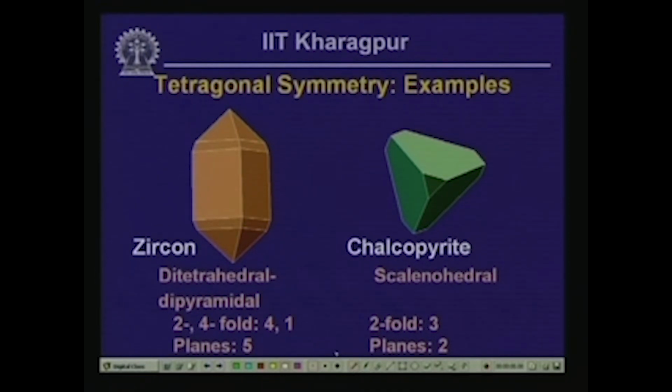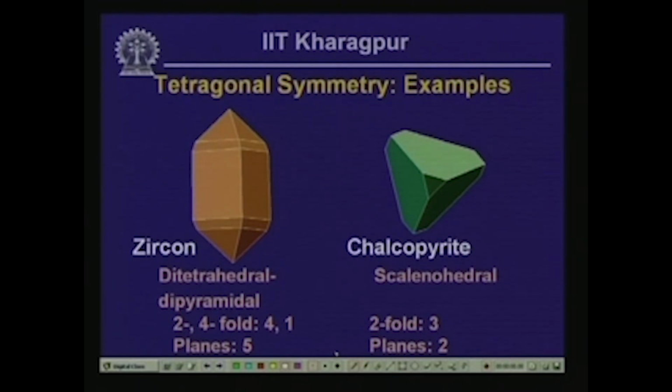Now let us consider the subcategory. Both of these minerals, zircon and chalcopyrite, are of the tetragonal family, but they are of different subcategories. Zircon belongs to the ditetrahedral dipyramidal subcategory, whereas chalcopyrite is of the scalenohedral subcategory.